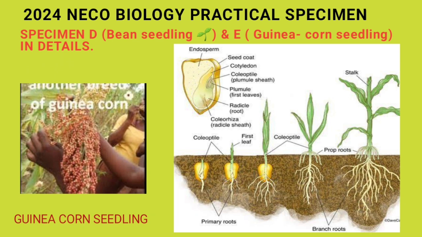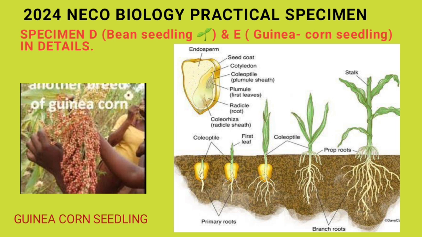Now that means we move to the next one. That should be number 4. Presence of coleorhiza. Now what is coleorhiza? Before I explain, it is spelled C-O-L-E-O-R-H-I-Z-A.